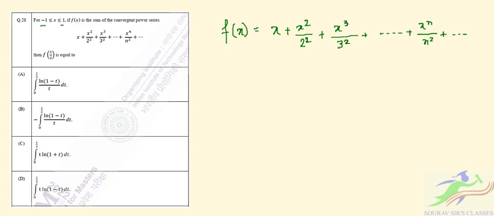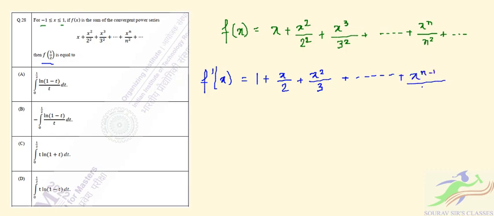So this is the given. First we will do the derivative, as we have to find the value of f of half. The derivative f prime x will be 1 plus x by 2 plus x square by 3, and so on, x to the power n minus 1 by n.